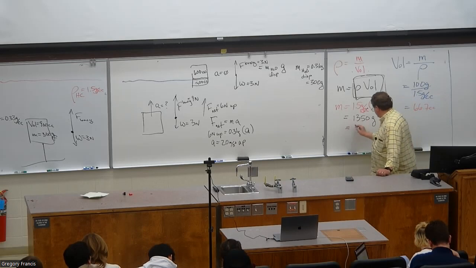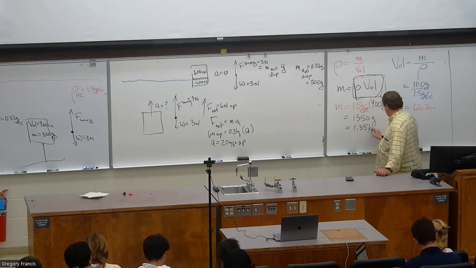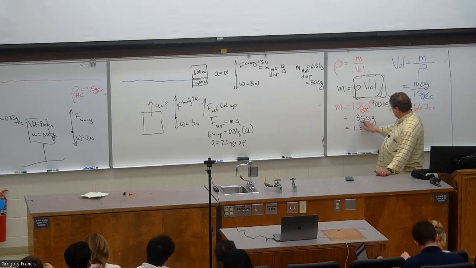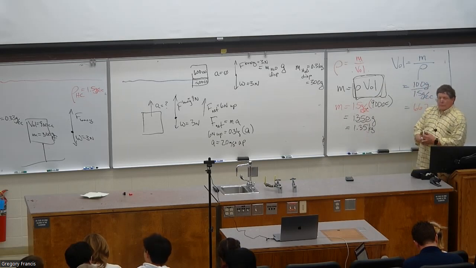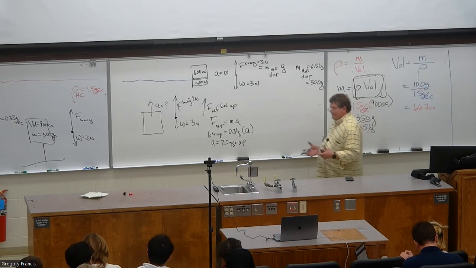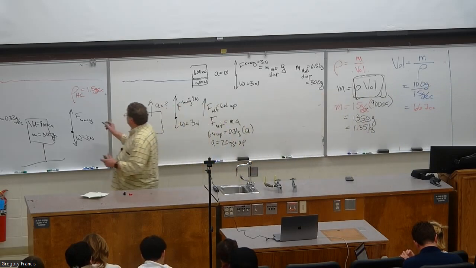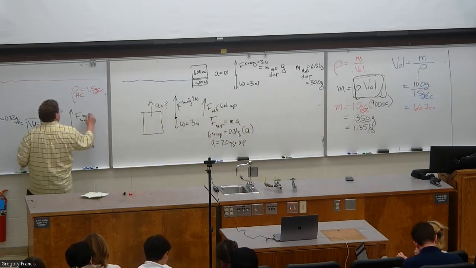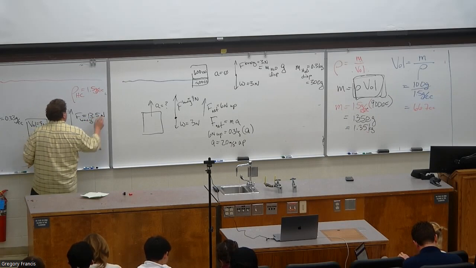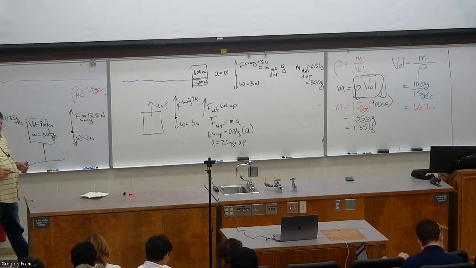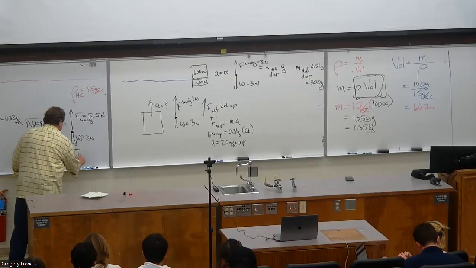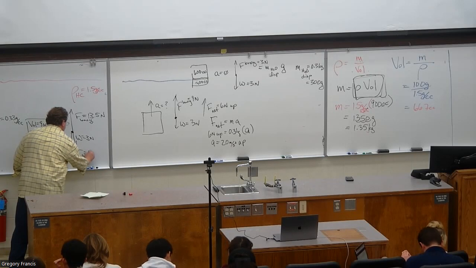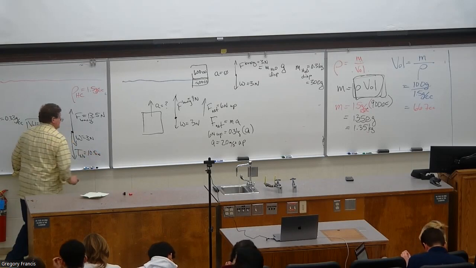Well, that's equal to 1.35 kilograms. I moved the decimal place 1, 2, 3 places. Well, how much is 1.35 kilograms going to weigh? Well, just multiply by 10, 13.5 newtons. So now the tension in that string on the block has to be 10.5 newtons.